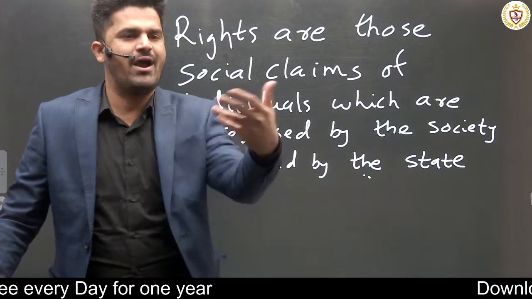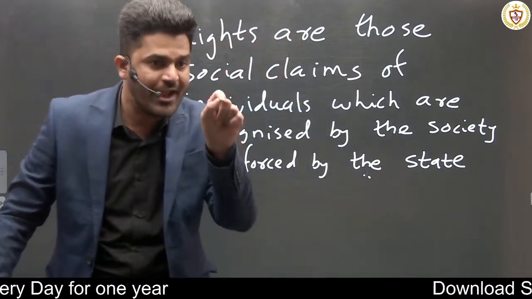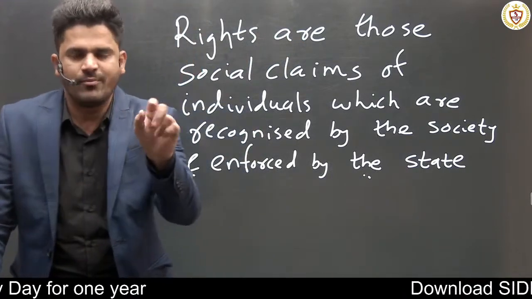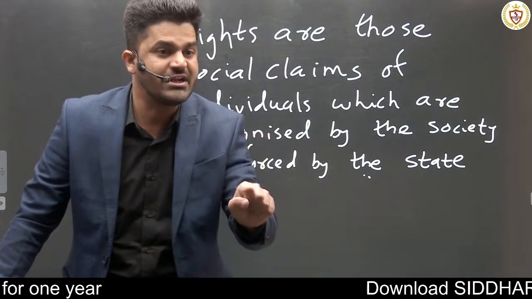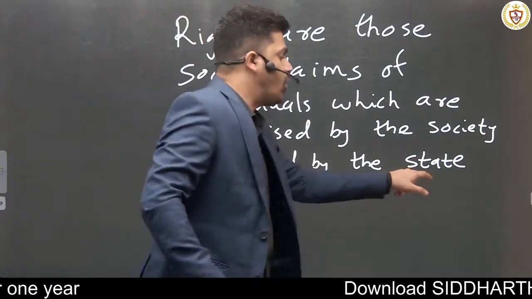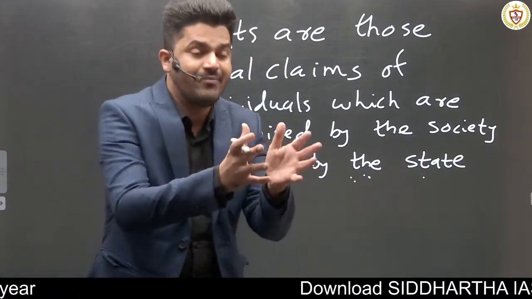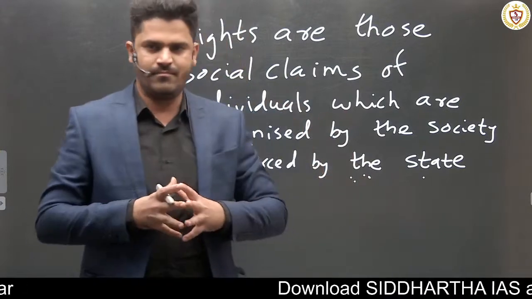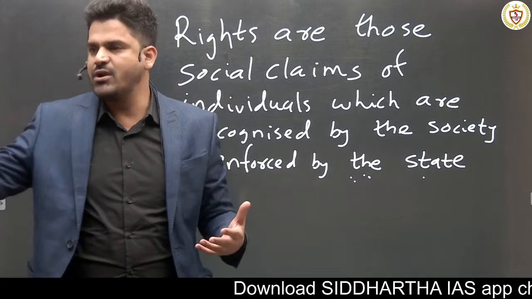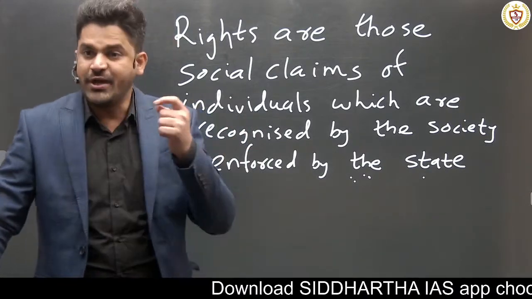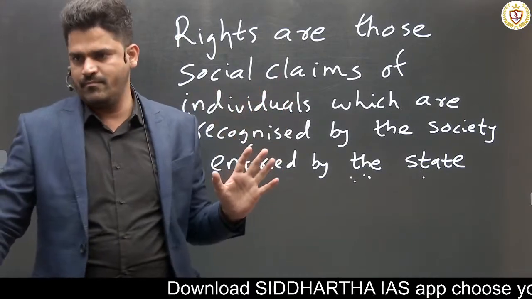Society might recognize you have the right to marry a person whichever you want, but if your right to choose your partner is recognized by the society but not backed by the law of the state, passed by Parliament or state legislature, then that right will remain only on paper. You will not have any remedy if someone violates your right. So that is why enforcement of that right by the state is very, very important.